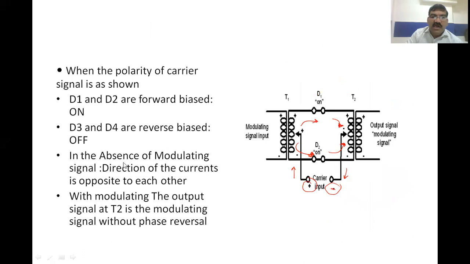So in the absence of modulating signal, the direction of the current is opposite to each other. So this way we can say the direction of current is opposite to each other.